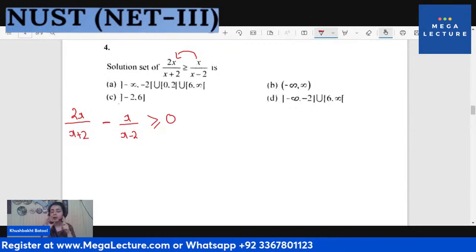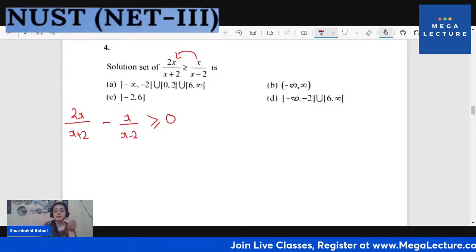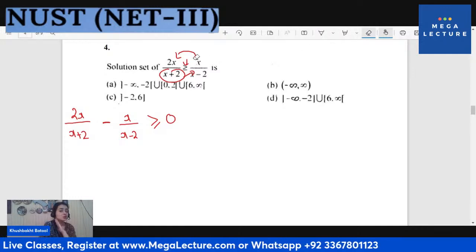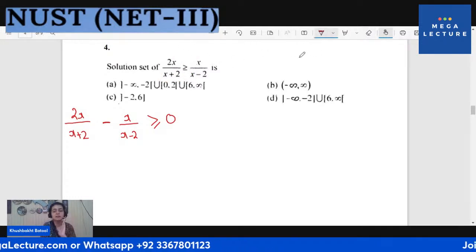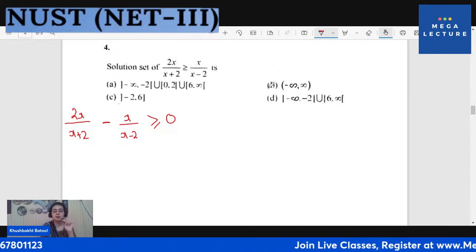But if I multiply, I'm not sure about the value of x, so I don't know the value of x plus 2. If it were negative, then taking this x plus 2 from here to here, I would have to change the inequality sign. I'm not sure about it, so I cannot go with that method. That can give you the correct answer at times, but not every time. So this is the method we would be sticking to.